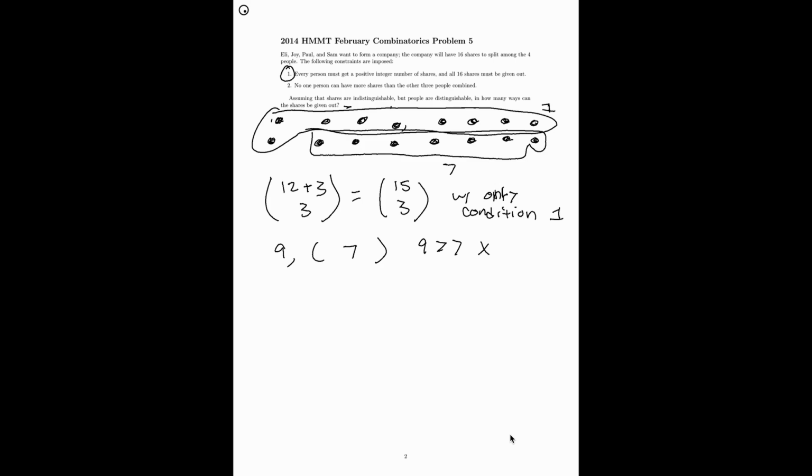And since we have to keep following our condition, since right now we have 9, 0, 0, 0 as our setup, everyone has to have a positive integer amount. So 9, 1, 1, 1 will be what we're trying to do. So if all of these 9 candies are reserved for person 1, then I'm going to reserve 1 candy for person 2, 1 candy for person 3, and 1 candy for person 4.